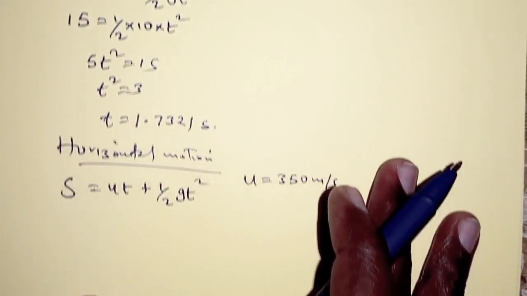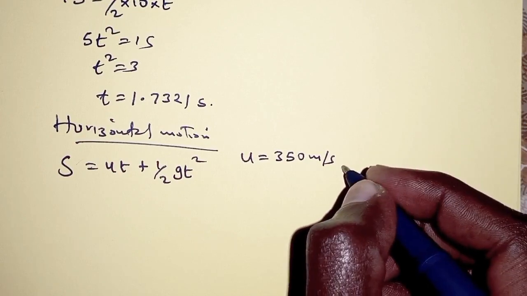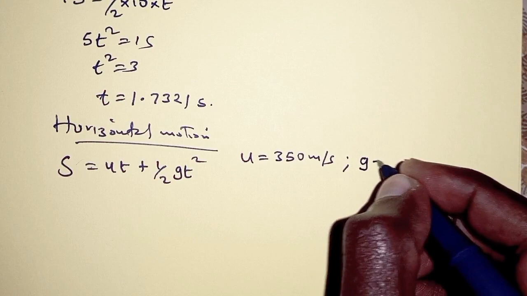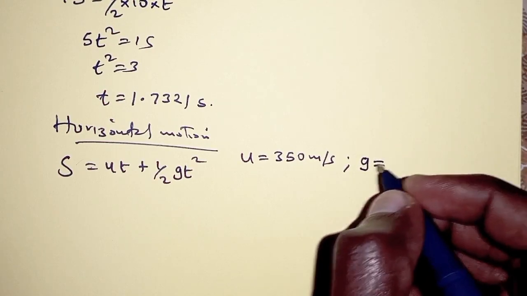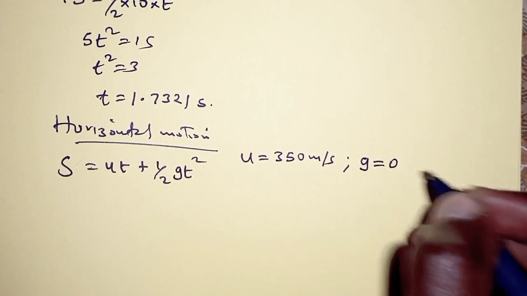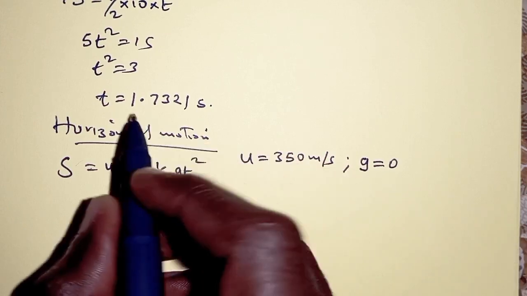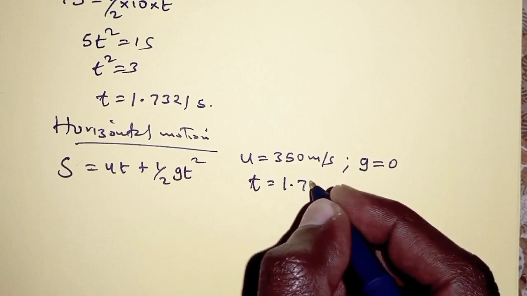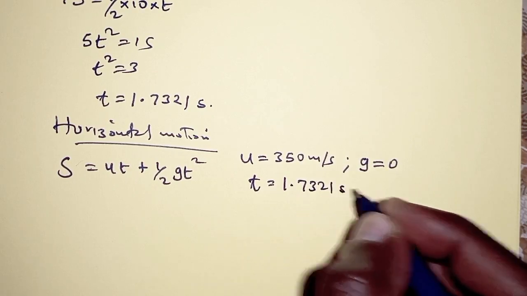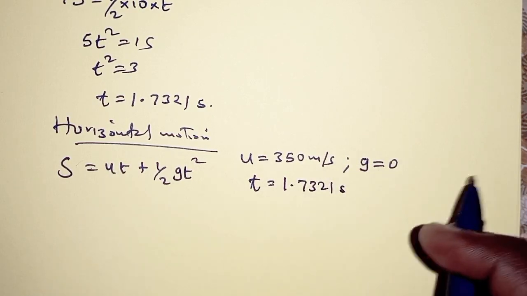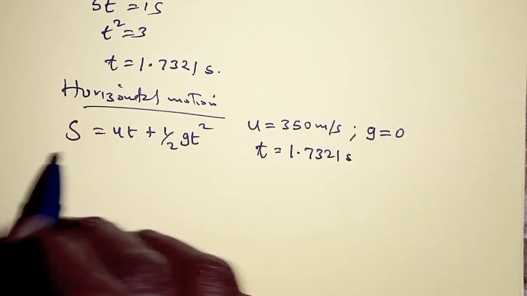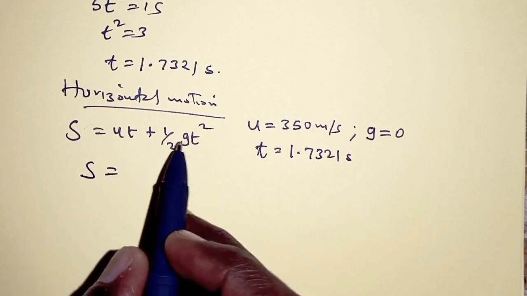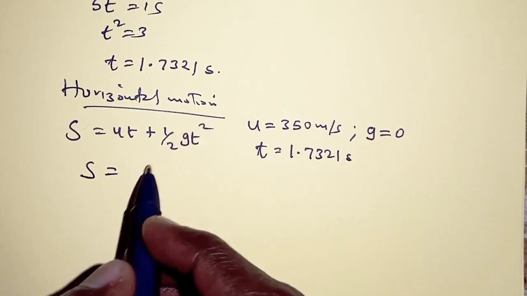And for horizontal motion, this kind of motion is considered not under the influence of gravitational field strength or acceleration. So g is 0. So next, we are also given the time taken, t is equal to 1.7321 seconds. So with this, we can do our substitutions and get s, the horizontal distance. So s is equal to, for this term g is 0, and therefore this term will become 0.